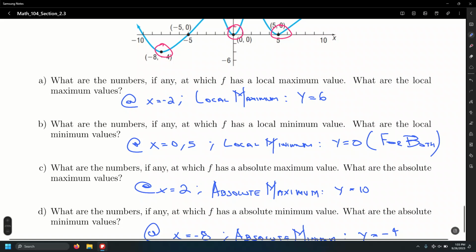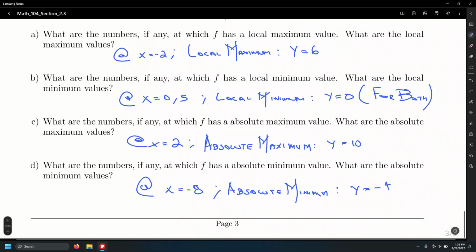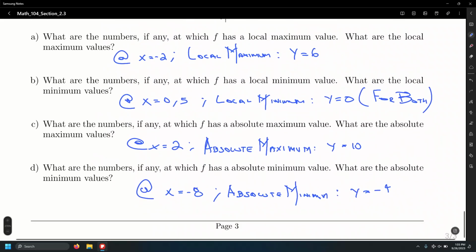Based on that, you will make conclusions about whether you will have maximums and minimums. But that's for those of you who have already taken calculus. Those of you who haven't, you'll see that in Math 150, maybe two semesters from now or so. All right, this is a wrap up for section 2.3.